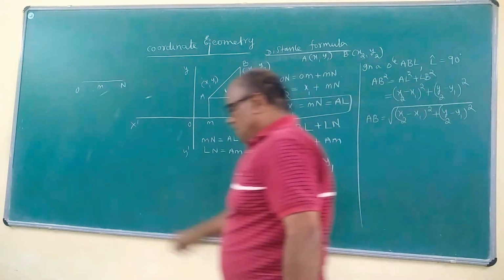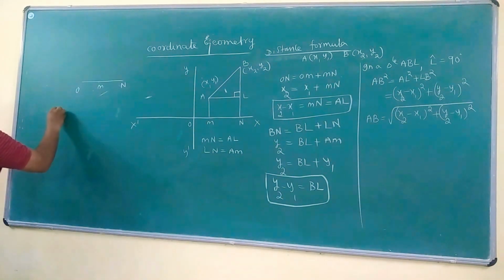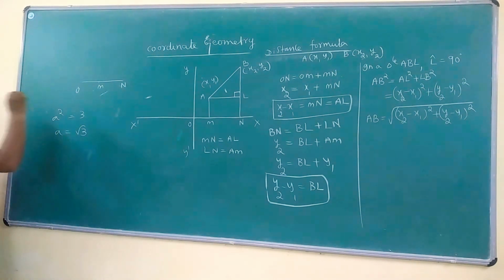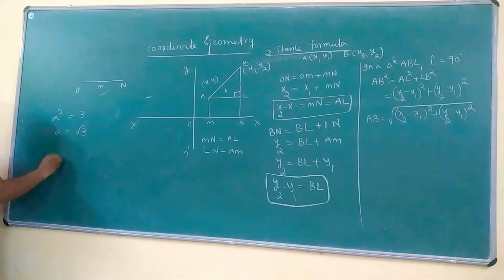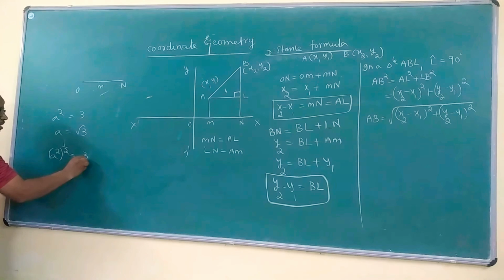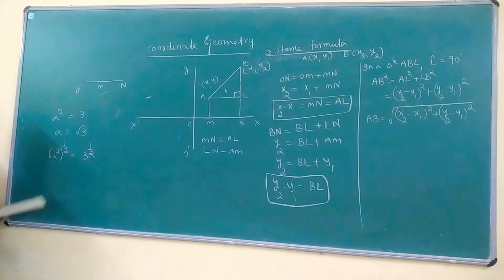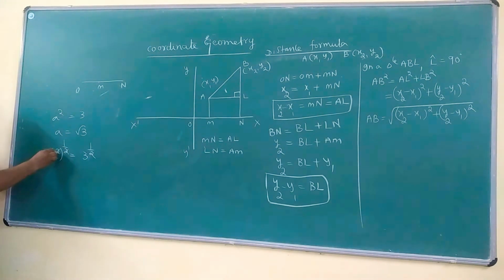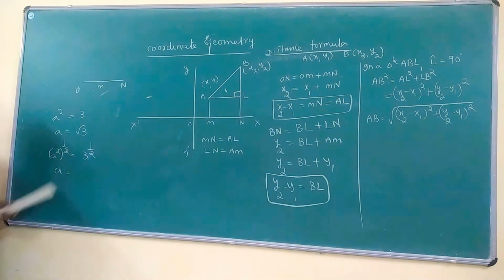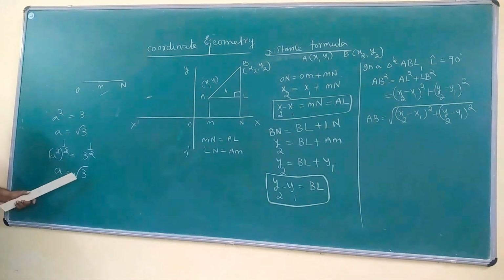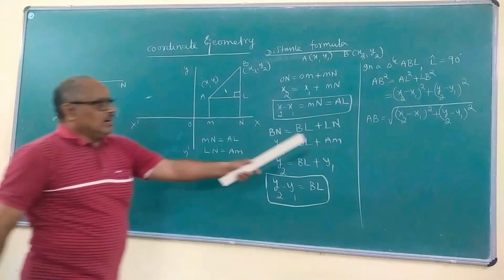So here, suppose a square is equal to 3. How does a come to be the square root of 3? I will tell you. a square is equal to 3; how do you remove the square? Raise to the power of 1 by 2 on both sides. Then the square is removed. The 2s get cancelled. a is equal to 3 to the power 1 by 2, which means square root. Similarly, we apply here.